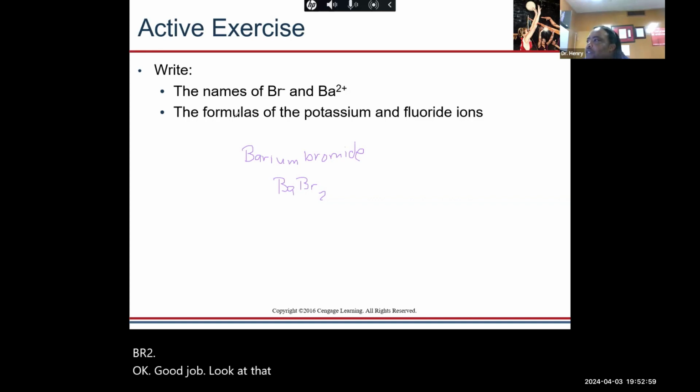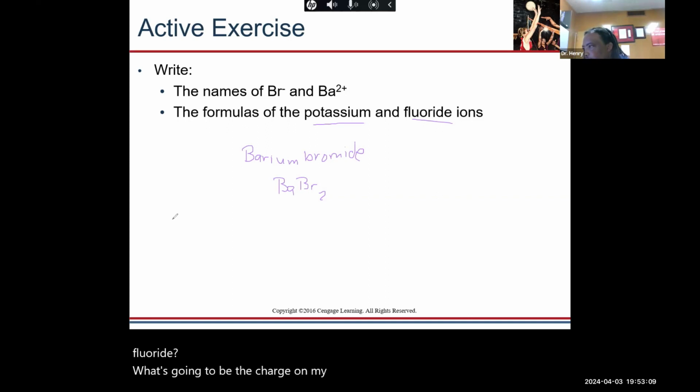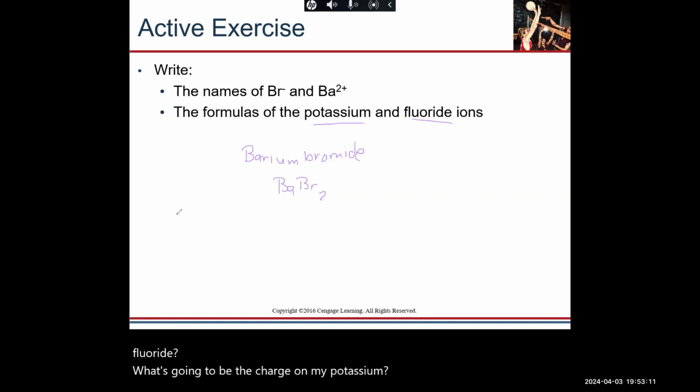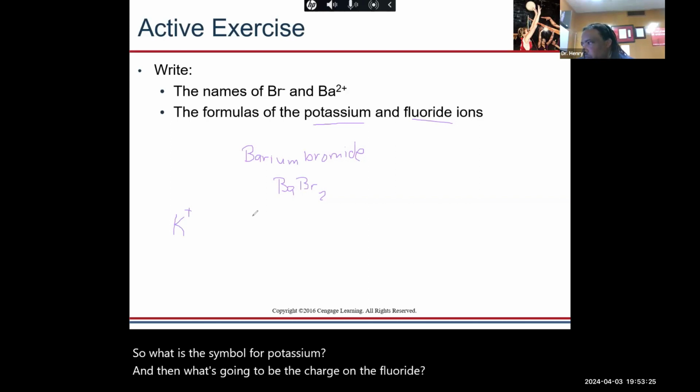Okay, what about if we have potassium and fluoride? What's going to be the charge on my potassium? Positive. So what is the symbol for potassium? K. And then what's going to be the charge on the fluoride? Negative.